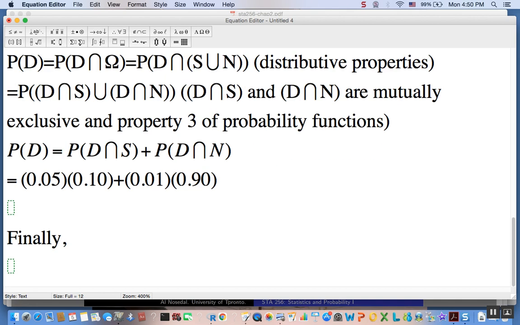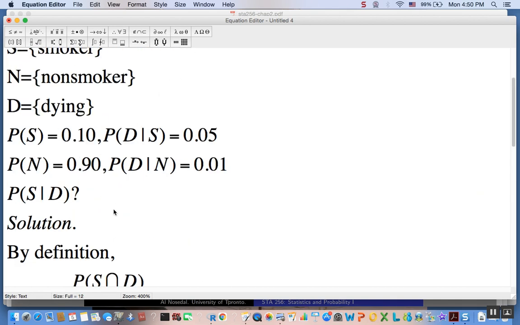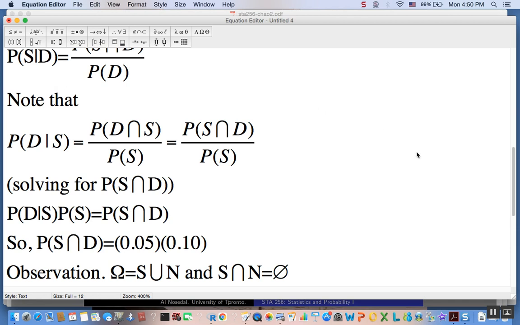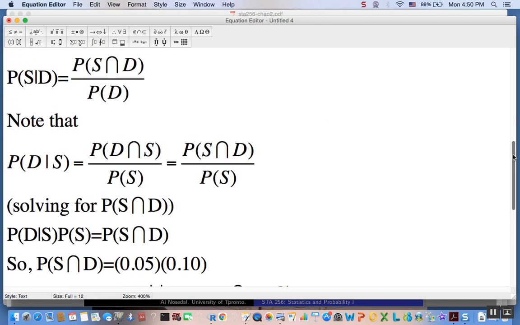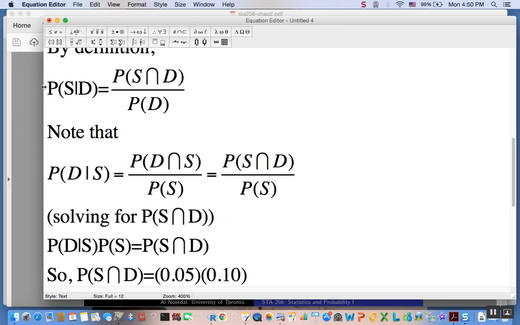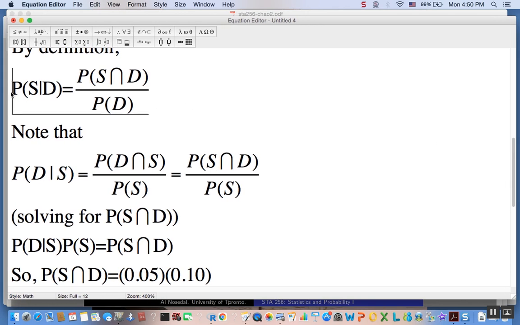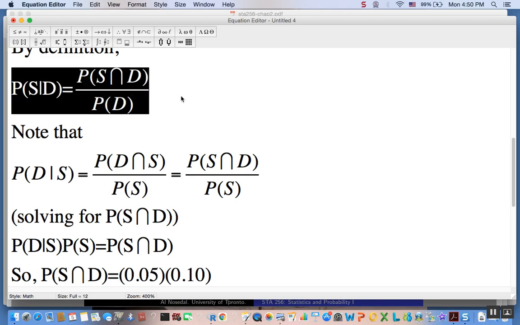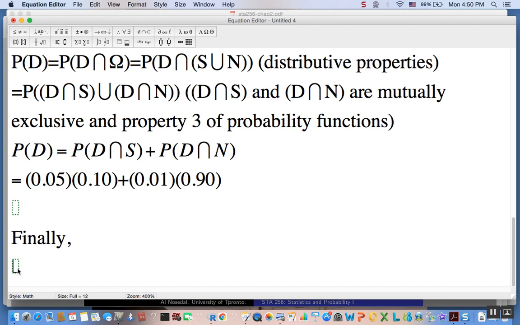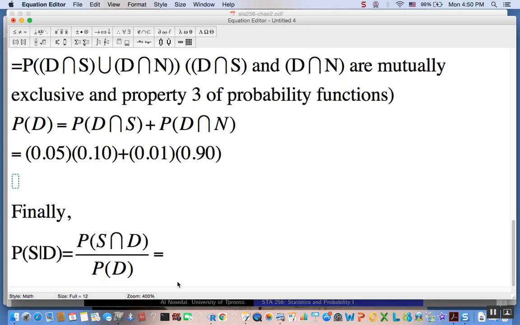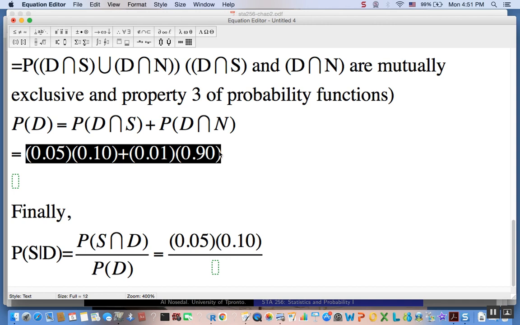Finally, the probability that we wanted, which was the probability of S given D, of smoker given dead, will be this, 5% times 10%, divided by this.